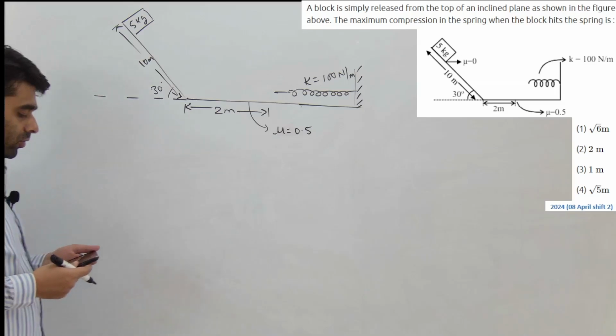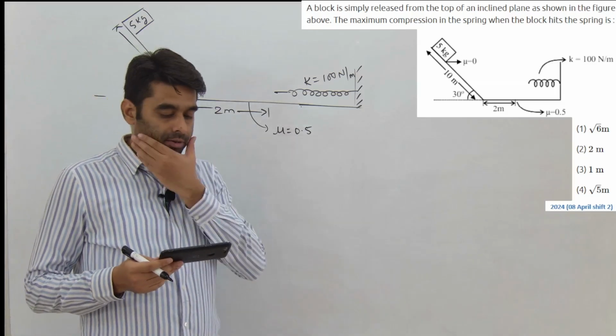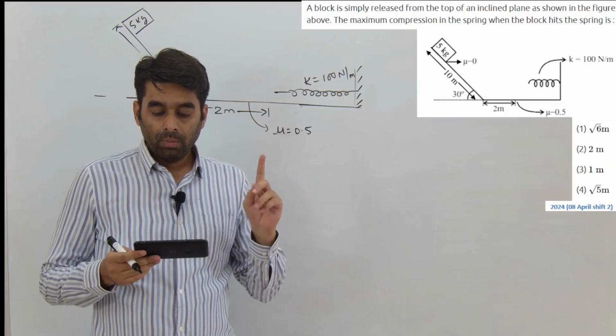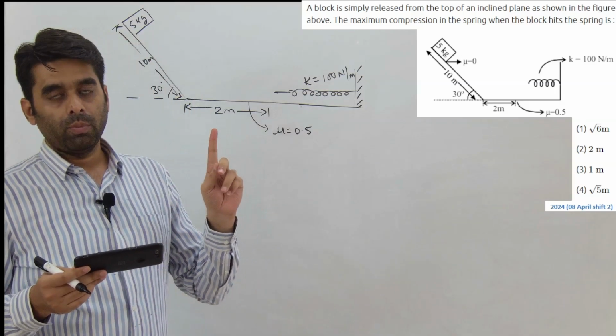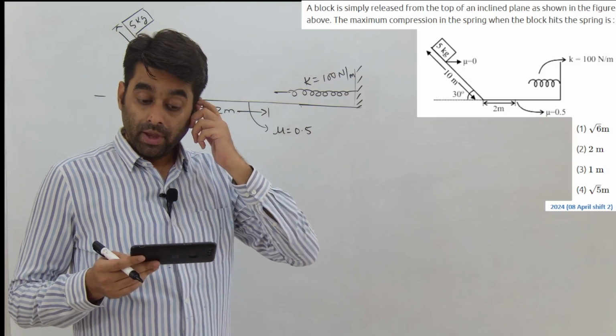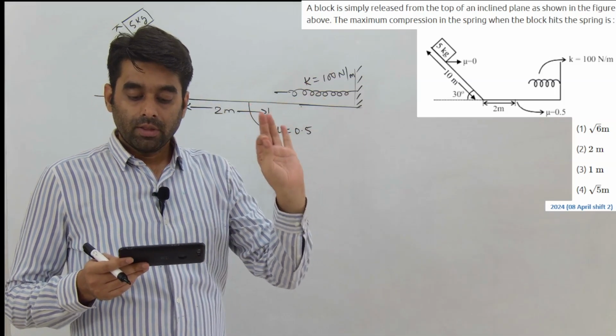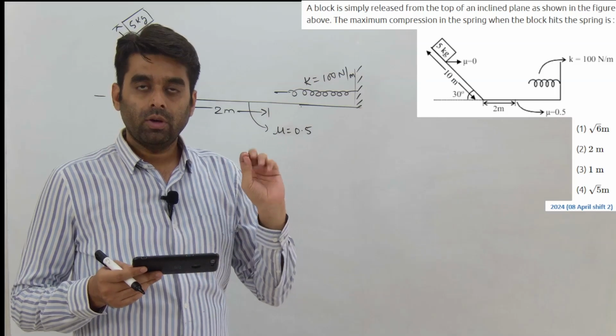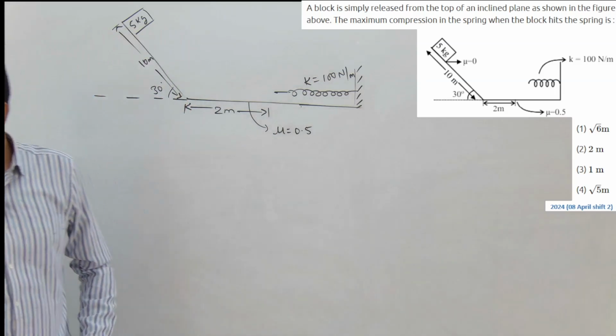So let us take a look. The question says a block is simply released from the top of an inclined plane as shown in the figure. The maximum compression in the spring when the block hits the spring is, okay, let's see.